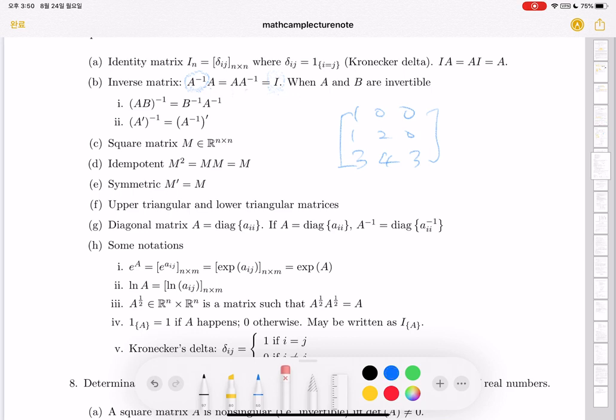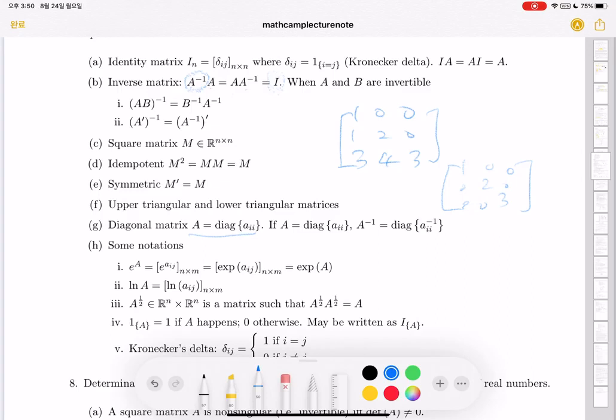The transpose of a lower triangular matrix is an upper triangular matrix. A diagonal matrix, I'm going to use this notation here, is a matrix whose off-diagonals are 0. For example, 1, 2, 3 on the diagonal with zeros elsewhere is a diagonal matrix.